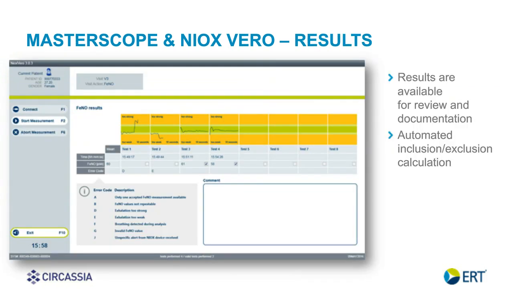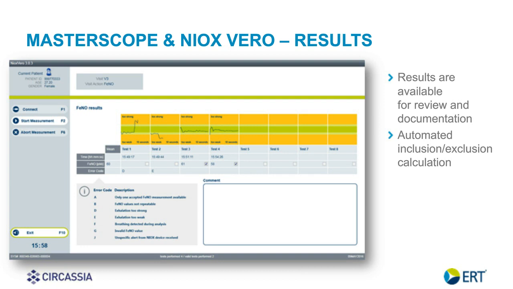When they have done this, it's all according to ATS criteria, so we allow them to do 8 maneuvers for a test if necessary. We immediately calculate mean values of the FeNO. We show error codes so that the site staff is informed in real time about the quality of the data.